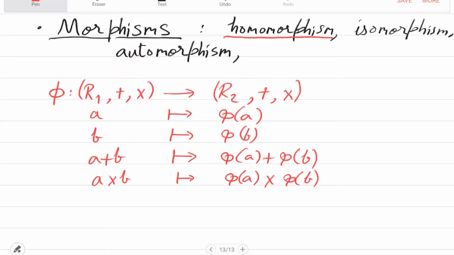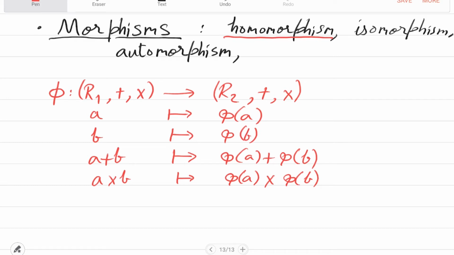As long as R2 is the image of phi, which means everything in R2 is hit by phi, as long as that is true, you can see that R1 is somewhat larger, right? It may also be equal in size, but in general it will be bigger and R2 will be smaller, right? So you are really comparing the various properties, including the size of the rings, when you talk about homomorphism.